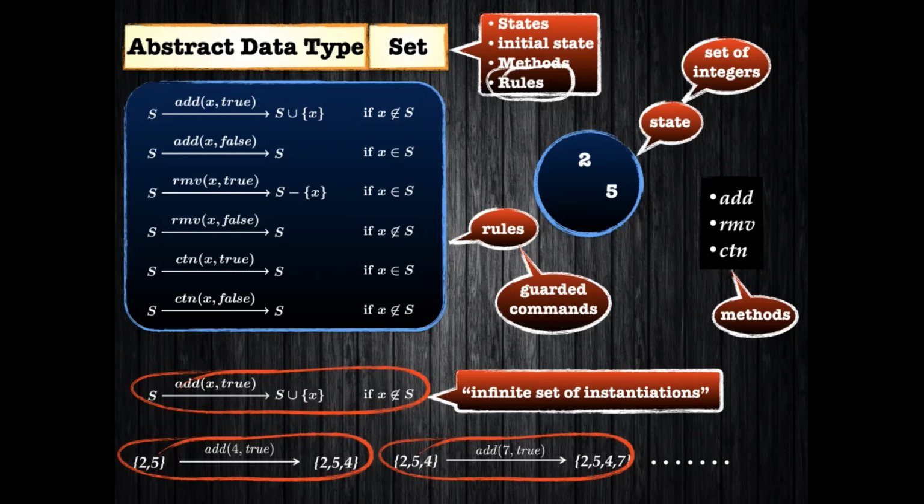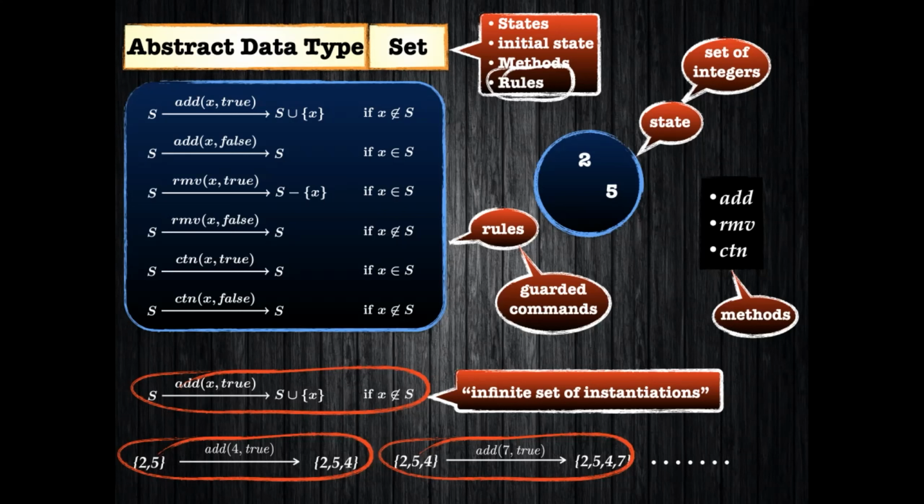So the only thing I want you to know now, from the point of view of semantics, is that each rule in the abstract data type corresponds to an infinite set of concrete instantiations, each of which allows you potentially to change the state of the abstract data type by matching with one of the rules. Again, if you are familiar with formal methods, in general, you may be able to apply several rules to the same configuration.